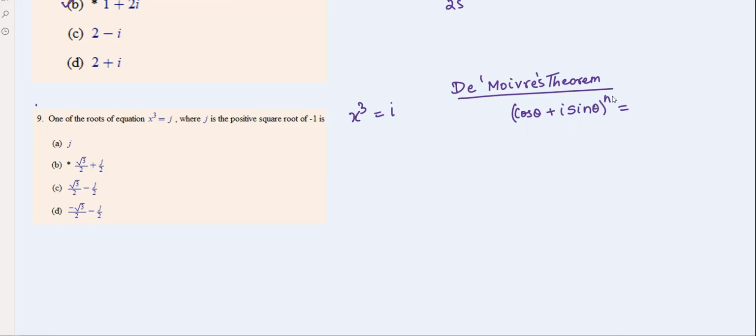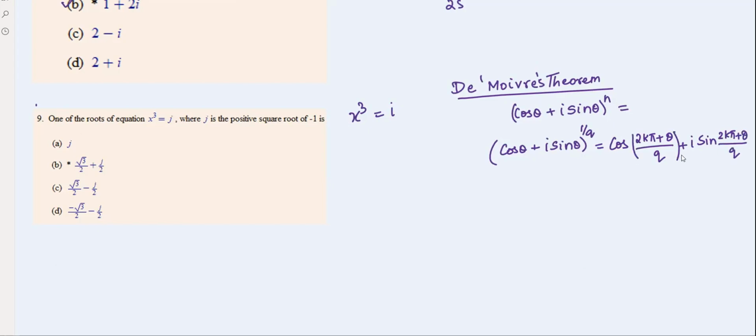If it's of the form p by q, or I will write 1 upon q, then this will be cos (2k pi plus theta) upon q plus i sin (2k pi plus theta) upon q.